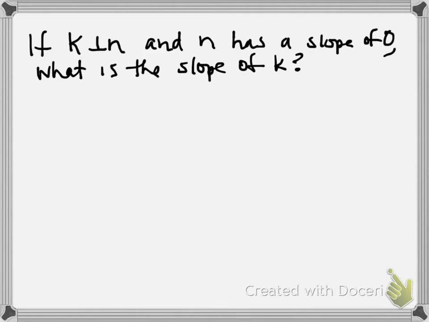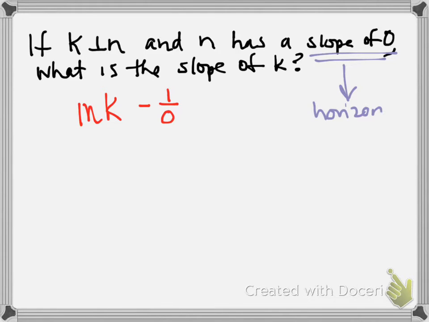And here's the reason why. Can we do this? Say the slope of K is -1/0. No. First, though, what I want to ask you is this. What kind of line has a slope of 0? Horizontal line.